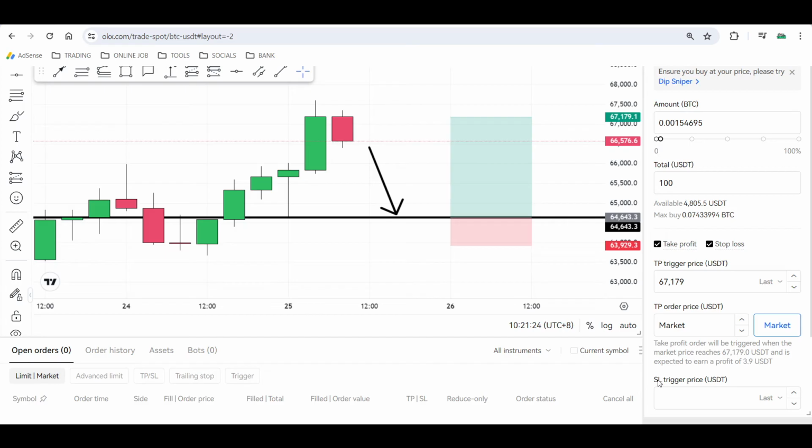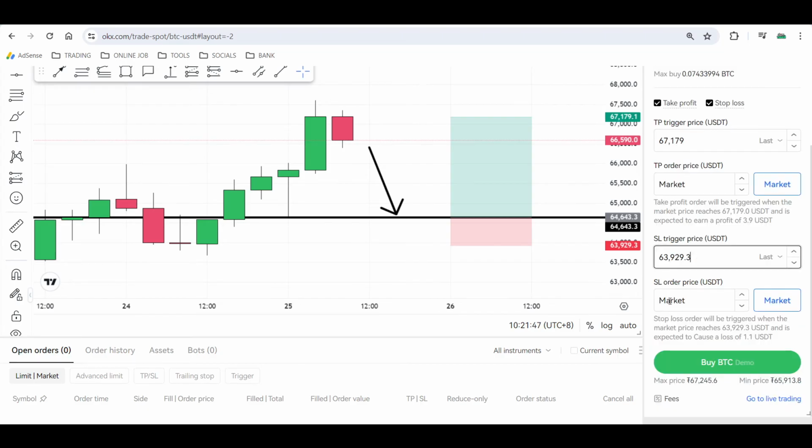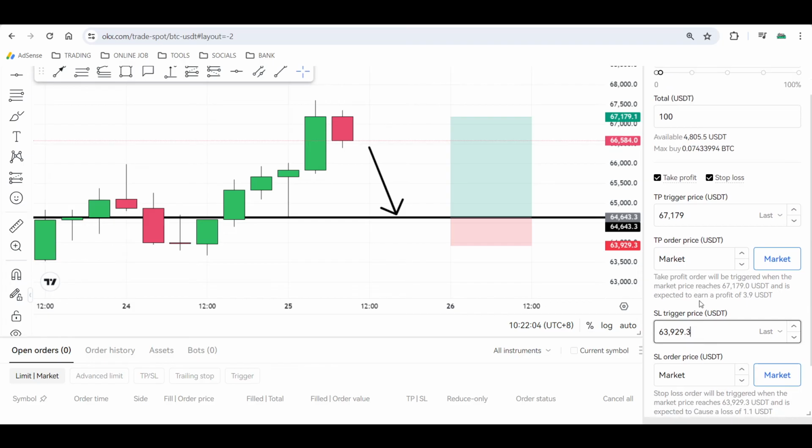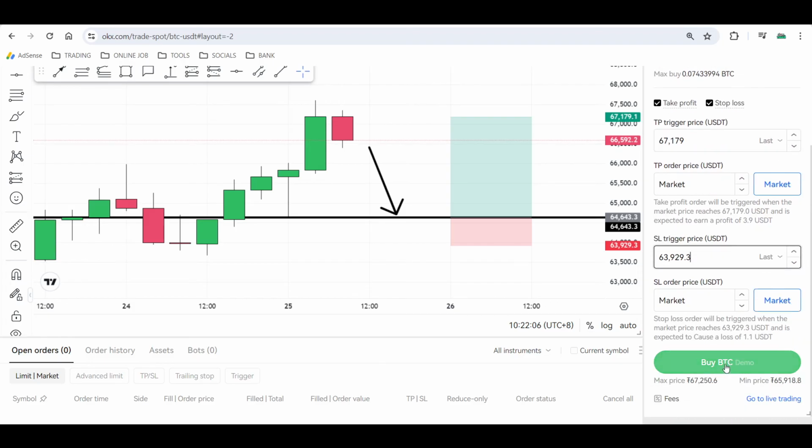Okay, and for our SL or stop loss, let's say we will place it at 63,929. If the current price of Bitcoin would fall into this level, automatically we will place an order at the current market price. Okay, now let's click this one, buy BTC.